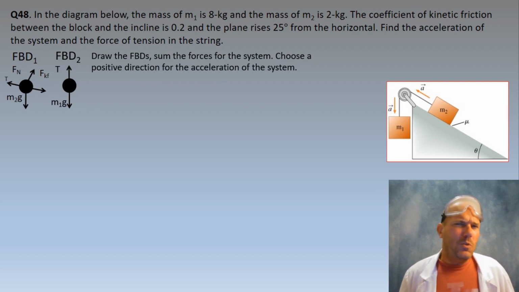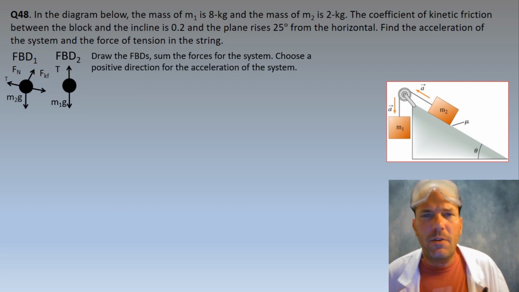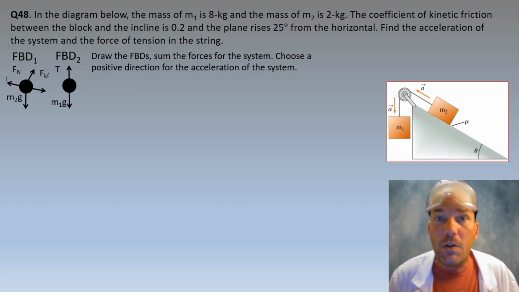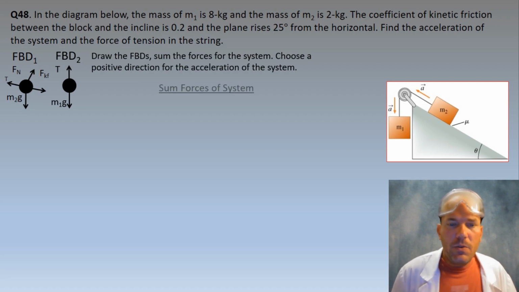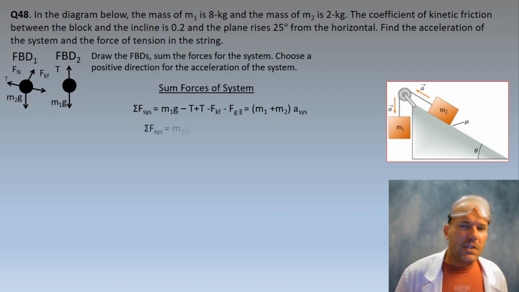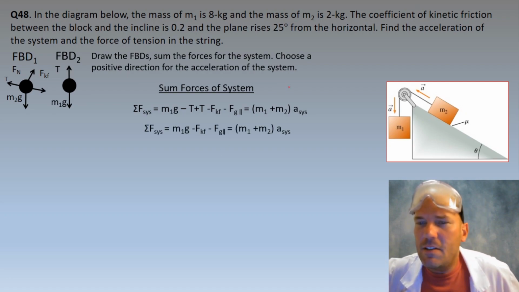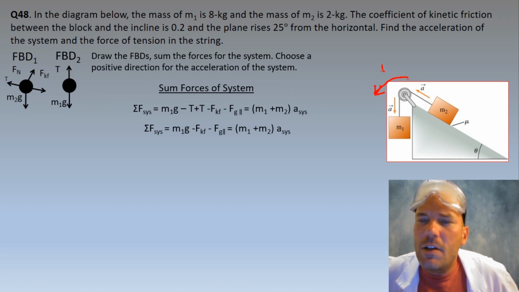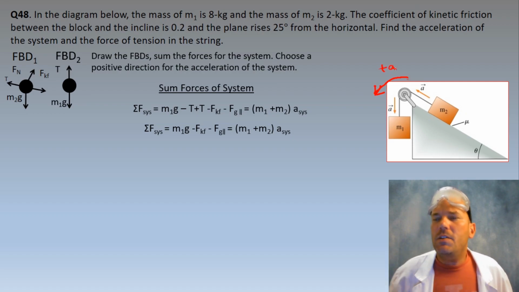For hanging mass 1, only two forces acting, and of course, that force of tension will be equal in magnitude to the force of tension in free body diagram 1. And so we have mass 1 multiplied by the acceleration due to gravity as our driving force for the system. Using a system approach, we're able to sum forces. We have already reasoned through, but the direction of our acceleration here is going to be in this direction.